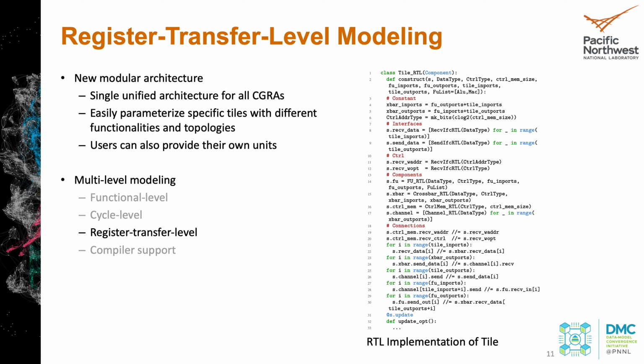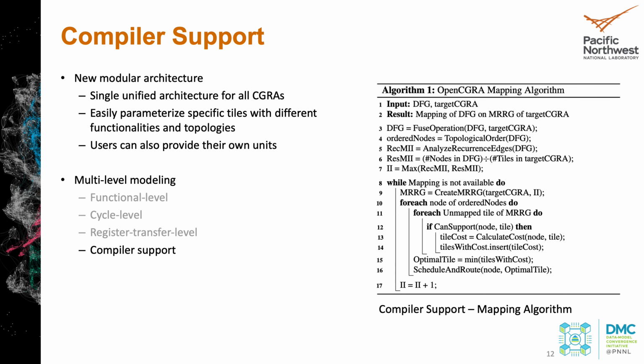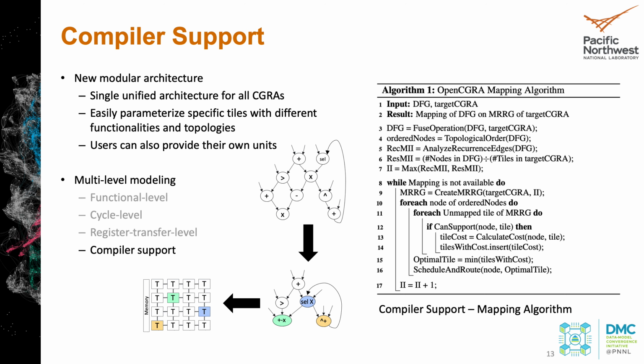So to make a CGRA work efficiently, compiler support is also essential. OpenCGRA provides a heuristic algorithm to enable DFG mapping onto the CGRA. So the CGRA is represented as modular routing resource graph. The novelty here is that our algorithm takes the complex functional unit into consideration.